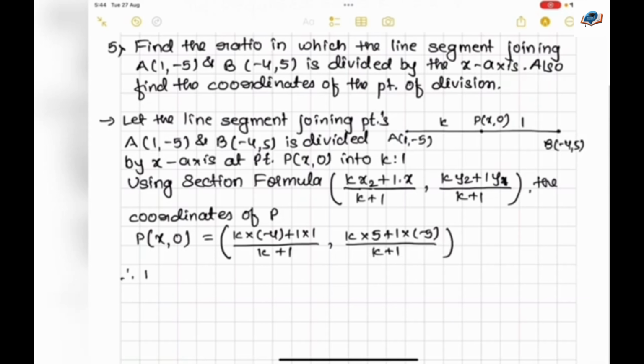So therefore P x comma 0 will be equal to (minus 4k plus 1) by k plus 1 comma (5k minus 5) upon k plus 1.